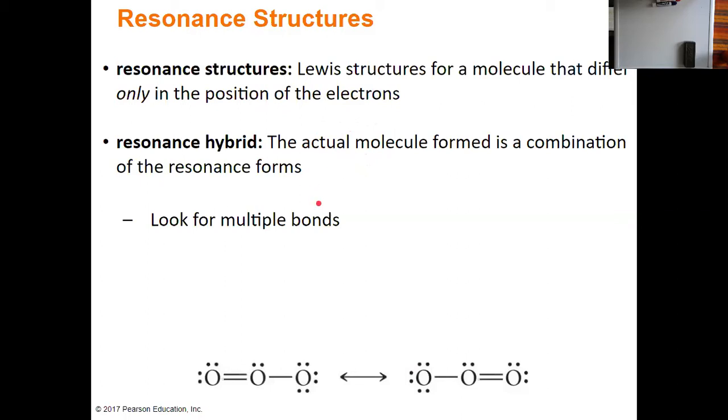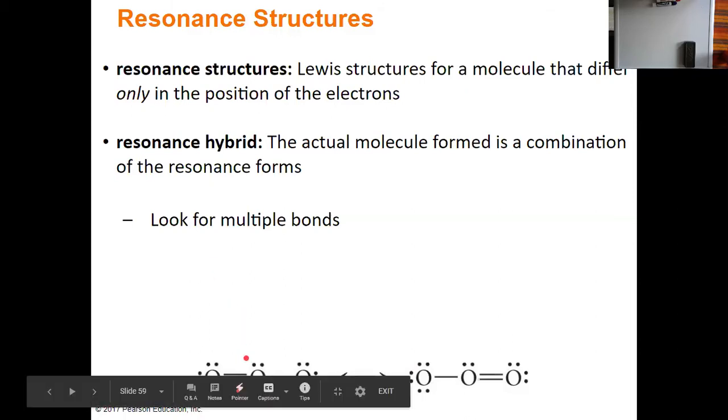Now, if you're wondering how am I going to know if something's going to form a resonance structure or not? Your key is here. Look for molecules that have multiple bonds in them. That usually indicates that you have delocalized electrons moving around in your molecule.